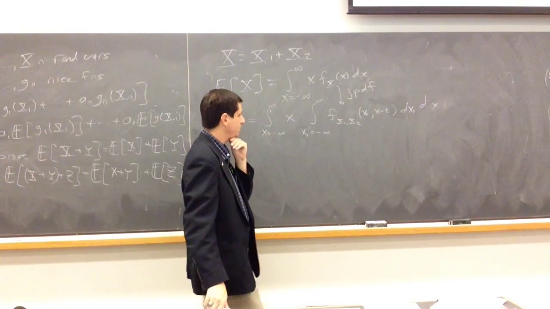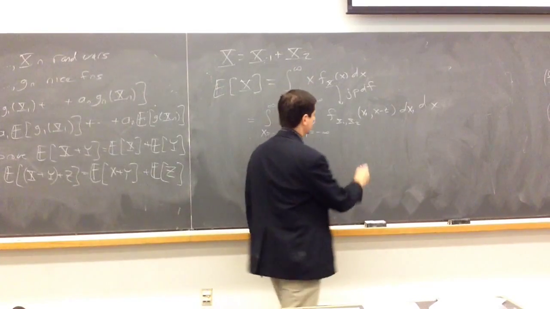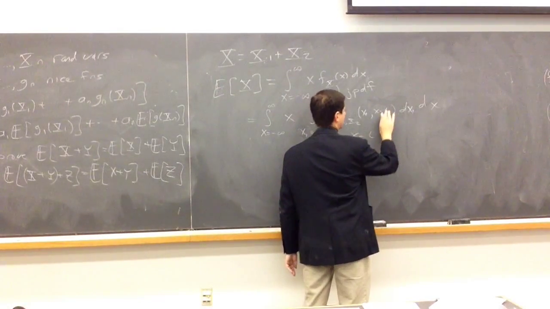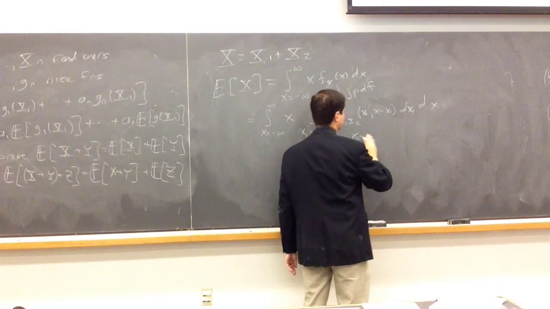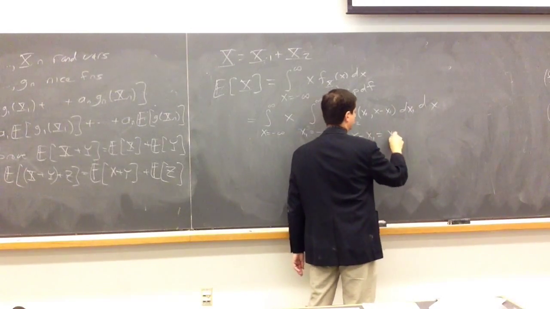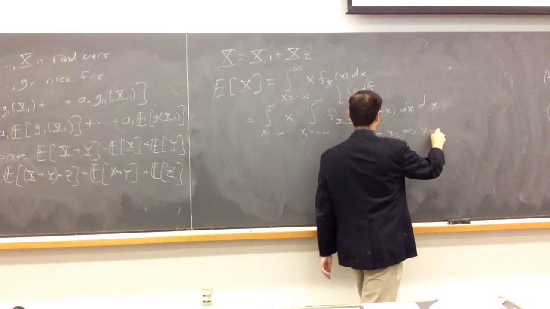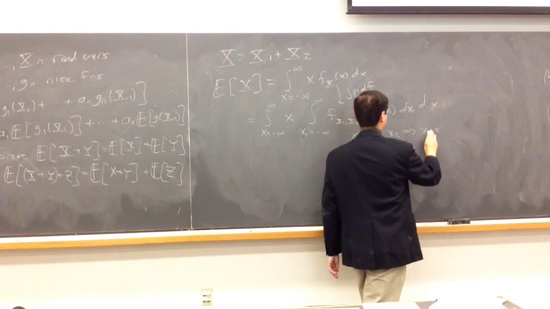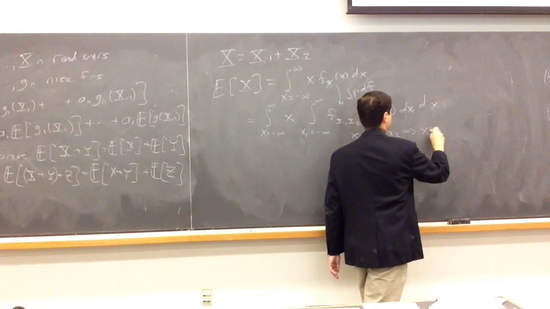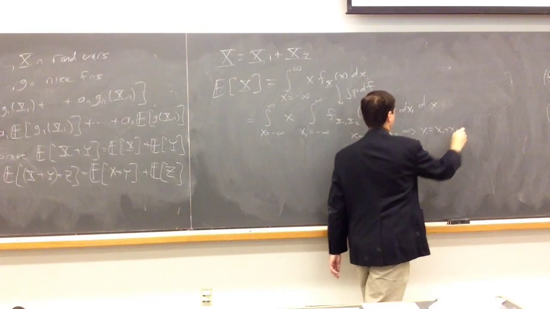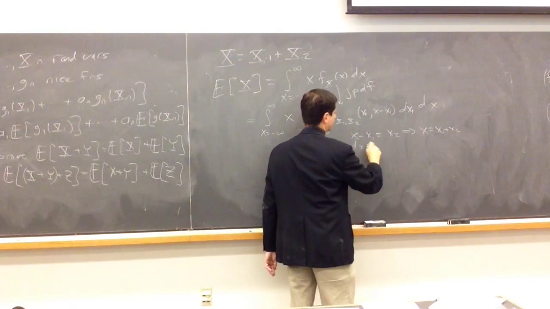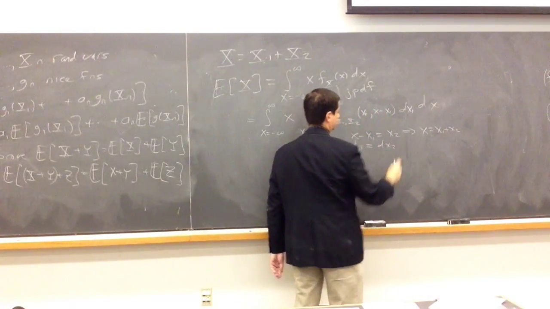We've got to be a little bit careful as to how we do things. So let's say x minus x1 equals x2. Therefore, x equals x1 plus x2. dx is going to be dx2.